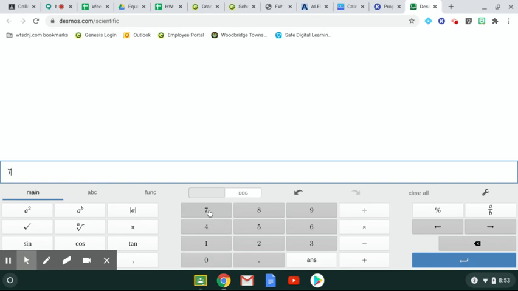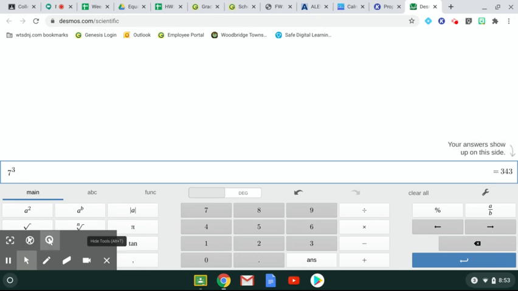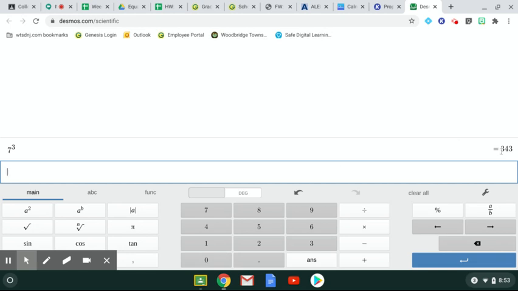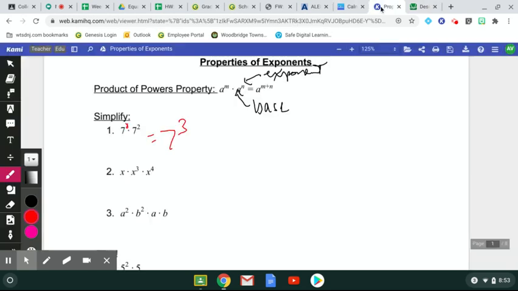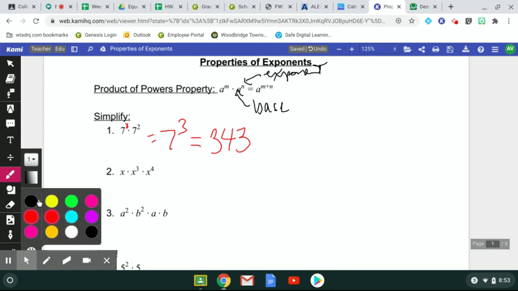So we'd select 7, and then see this right here? That gives you the power. So now I'm going to put in 3, and then my answer shows up right over here. If you click enter, it'll pop up over here. So this is 343. So the answer to this one is 343.